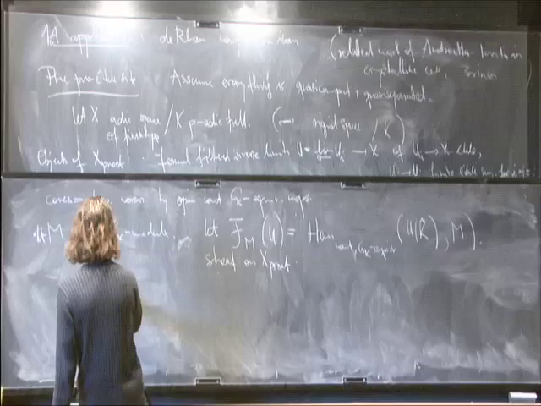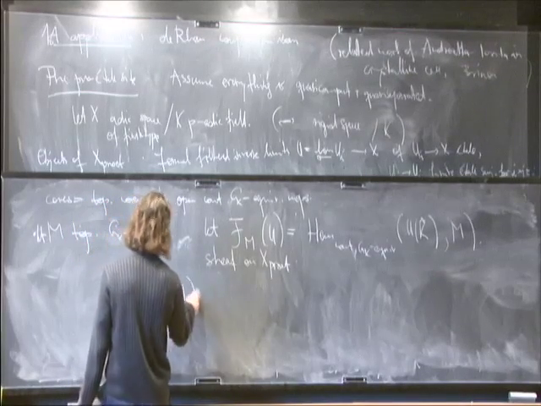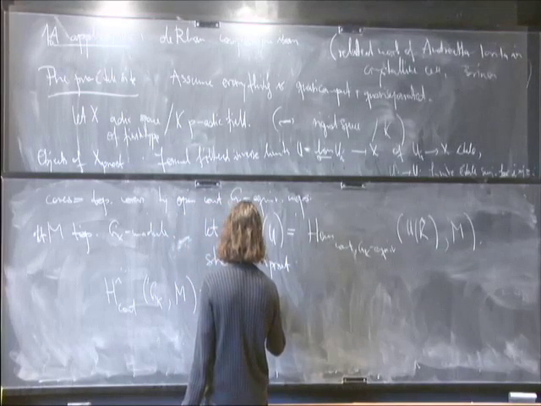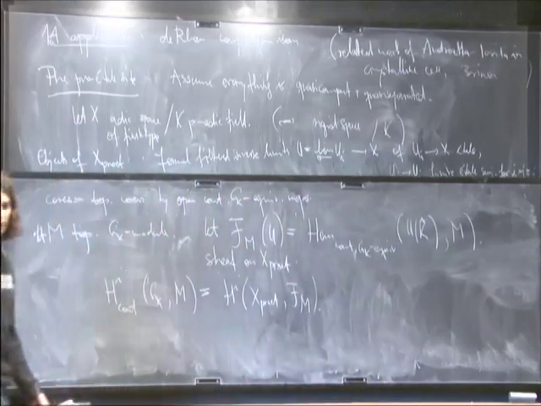And we have that the continuous Galois cohomology of M is in fact the same as the cohomology calculated on the site X pro-étale with values in this abstract sheaf F_M.